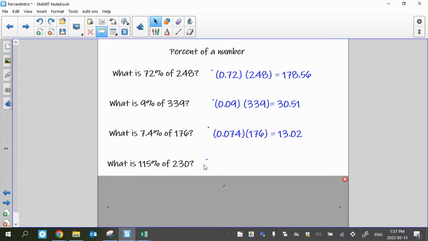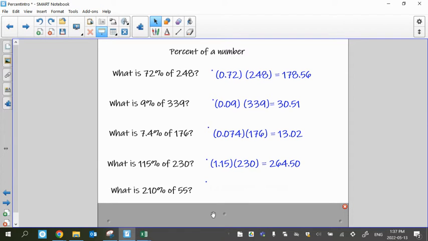So 115% is equivalent to 1.15. And then when we multiply that by 230, we end up with 264.5. And you can see that the value that we obtain is greater than 230, which makes sense because we are determining a value that is greater than 100%.